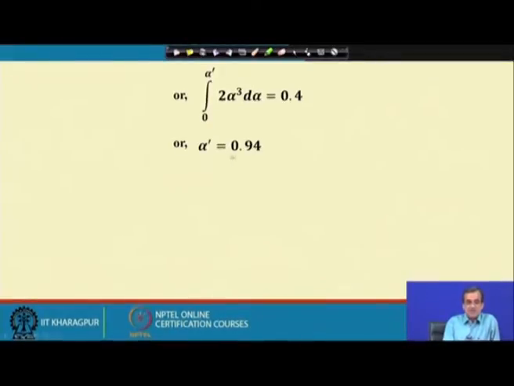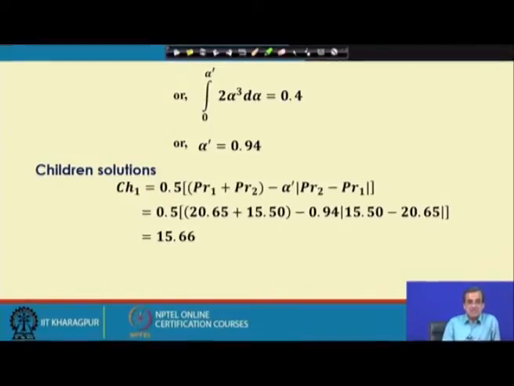So, once you have got this value for the spread factor, that is alpha prime, very easily we can find out the children solution. Like child 1, the first child is 0.5 multiplied by P r 1 plus P r 2 minus alpha prime mod value P r 2 minus P r 1.